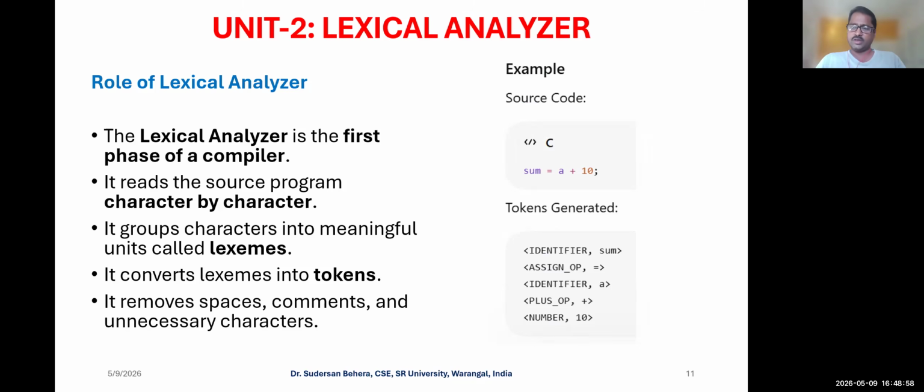Very simple. Instead of sum, you can write ID1. Instead of A, you can write ID2. And no more other things need to be written there, because plus, equal and 10 are predefined symbols and values to the compiler. These tokens are generated by the lexical analyzer.